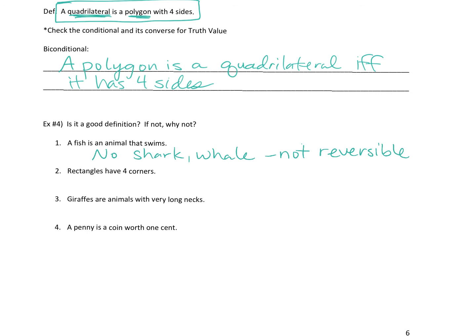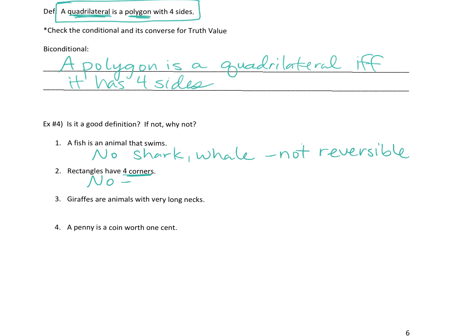Okay, 2. Rectangles have 4 corners. Is that a good definition? No. Why not? A square, a rhombus. A square is a rectangle, so that's not a great counterexample. But we would say this is not a good definition. This 4 corners, that's very vague, right? What is a corner?